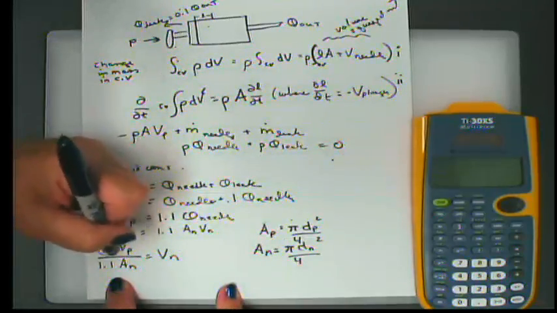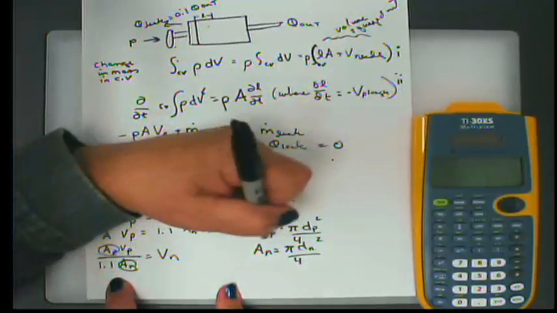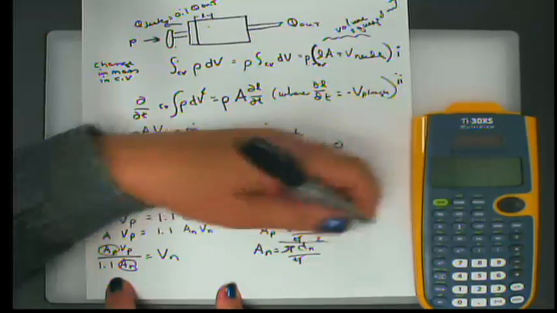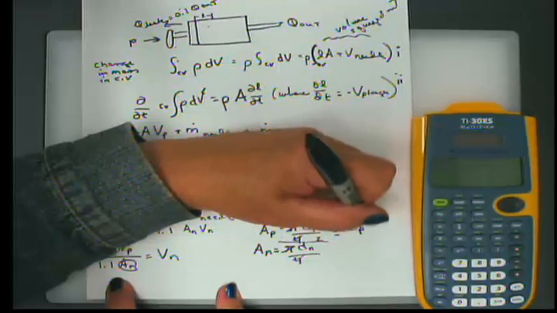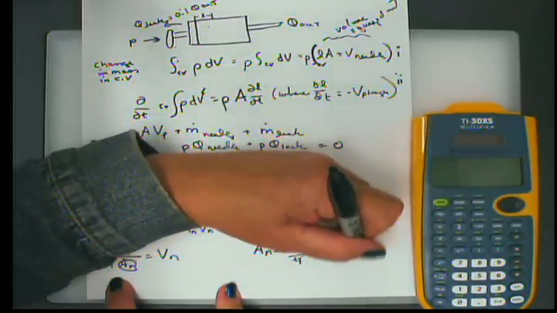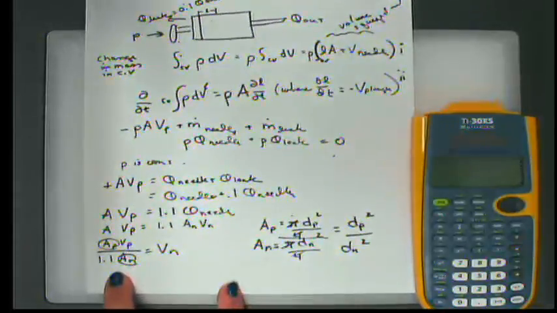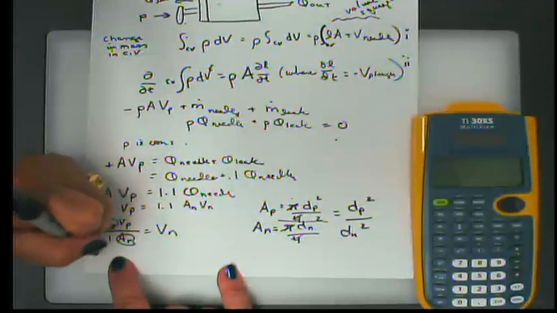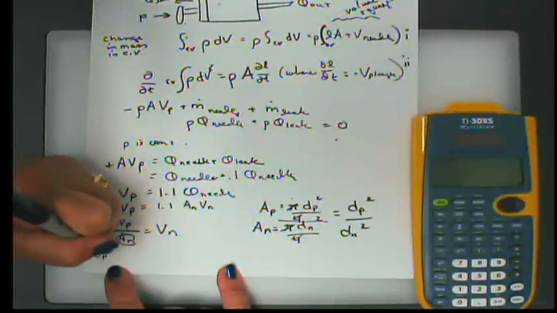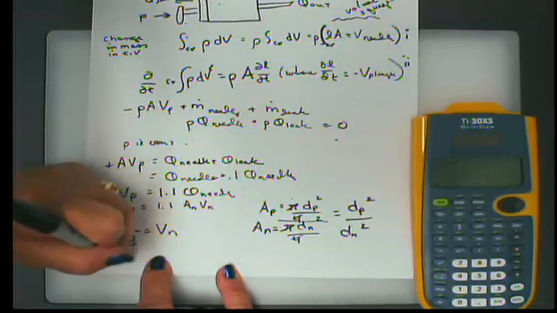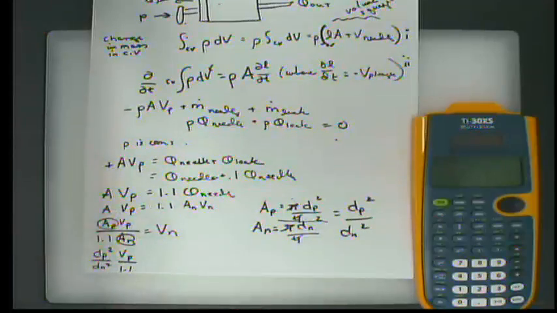And if I take A p and divide it by A n, these cancel and these cancel, so that's equal to d sub p squared over d sub n squared. So algebraically, we're kind of getting somewhere, aren't we? So we get d p squared over d n squared times v p over 1.1 is equal to v n.